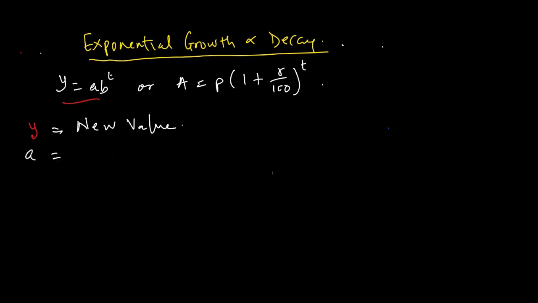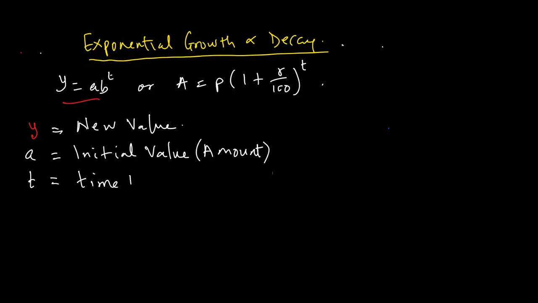The a here is the initial value, or you can also say initial amount. Then the t here is the time interval.